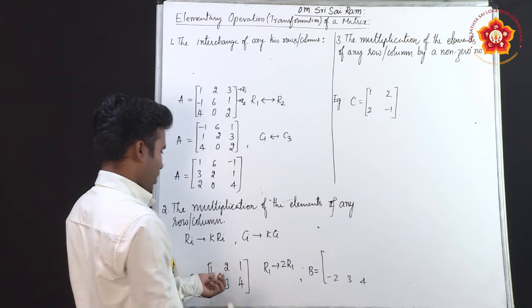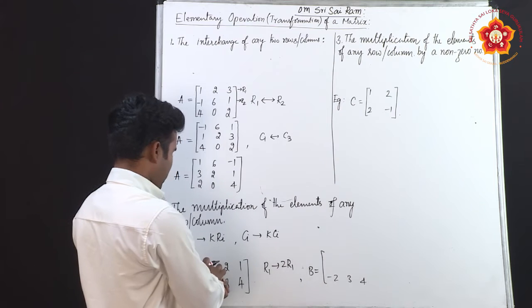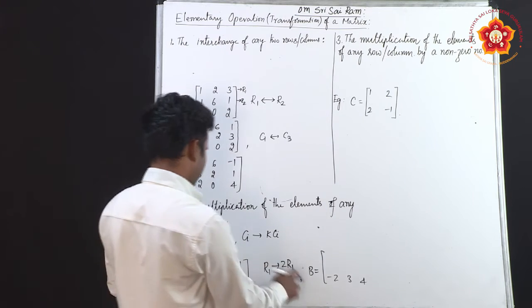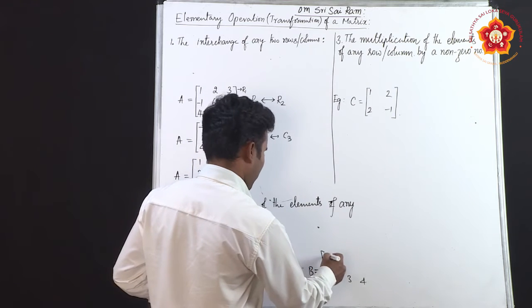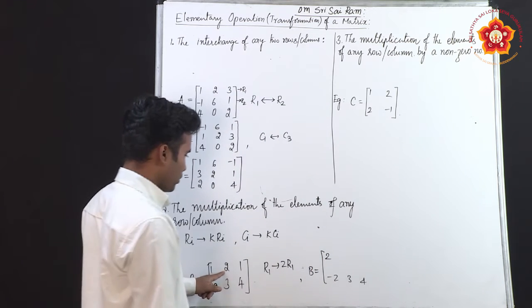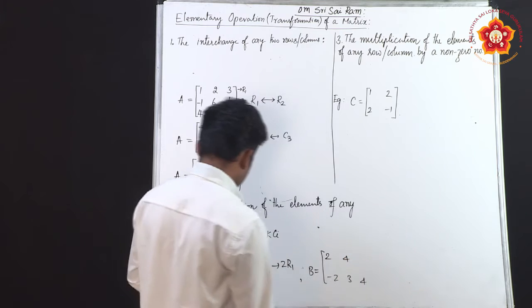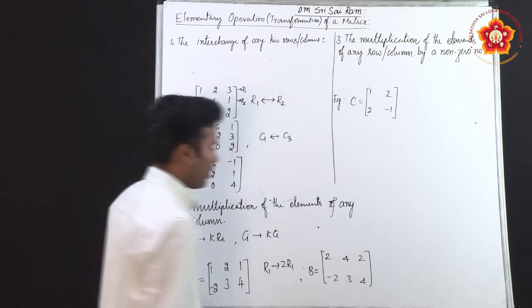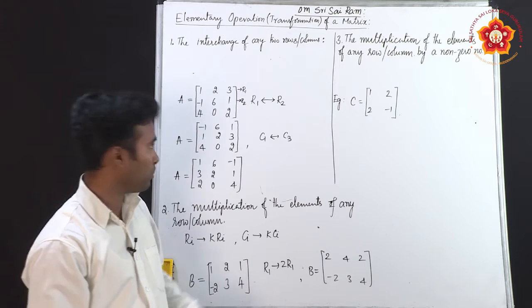This is R1, 1, 2, 1, and we are multiplying that by 2. So 2 into 1 is 2, 2 into 2 is 4, and 1 into 2 is 2. This is how we can do this operation.